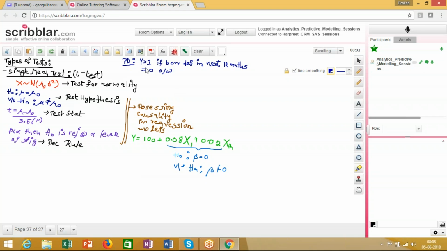Now observe that when I talk about the probability of default, it means the probability that y equals 1. This probability y equals 1 is a fractional value, so it belongs to the interval 0 to 1.